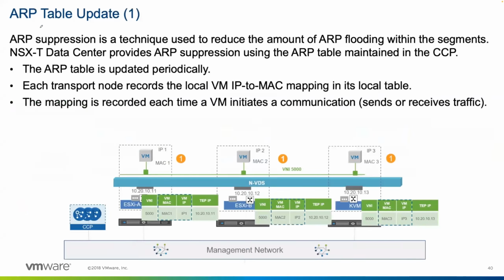Okay, the ARP table. When you look at the ARP protocol, the ARP table is just an association between a MAC address and an IP. Someone wanted to send out a layer 2 frame.